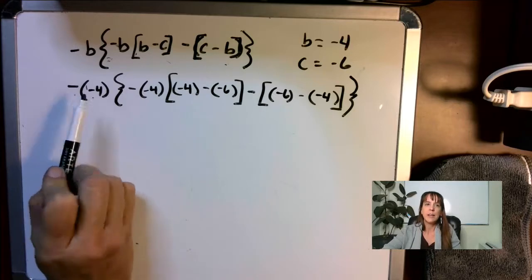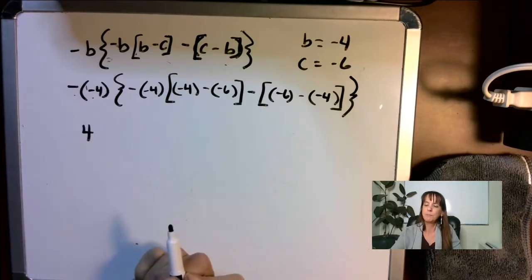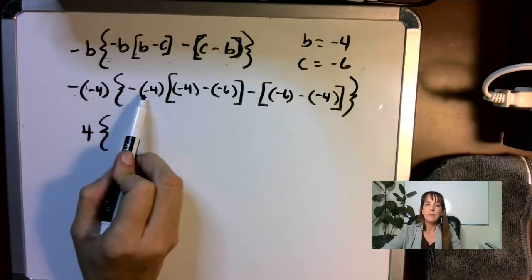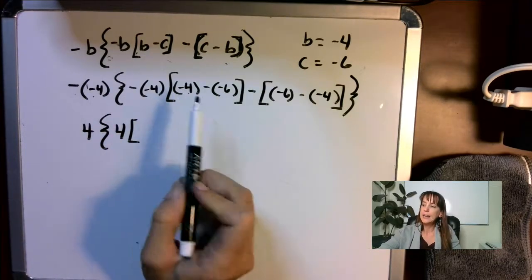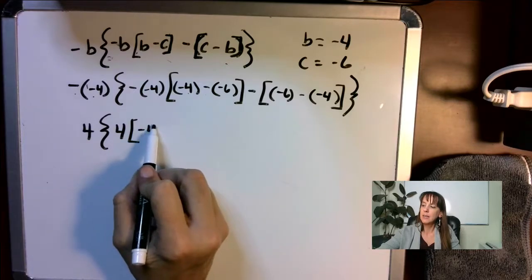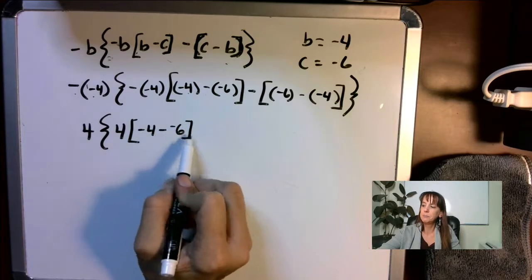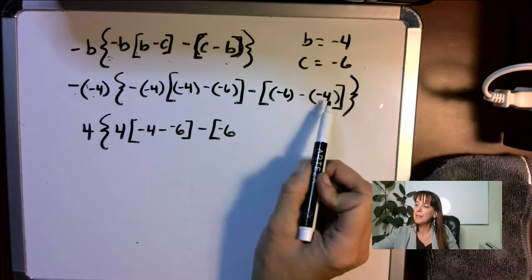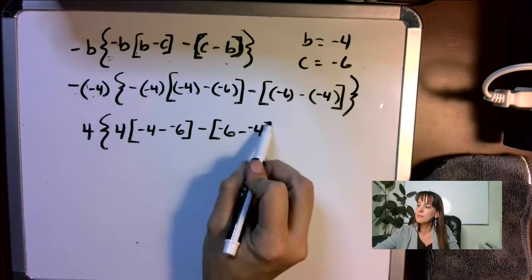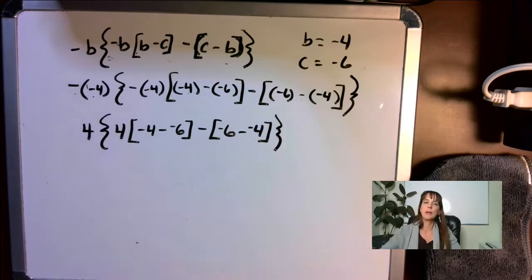This guy right here, negative, negative is +4, okay? Negative, negative, +4. -4 minus -6. -4 minus -6. Minus -6 minus -4. All right, we've got it nice and simple now, okay?